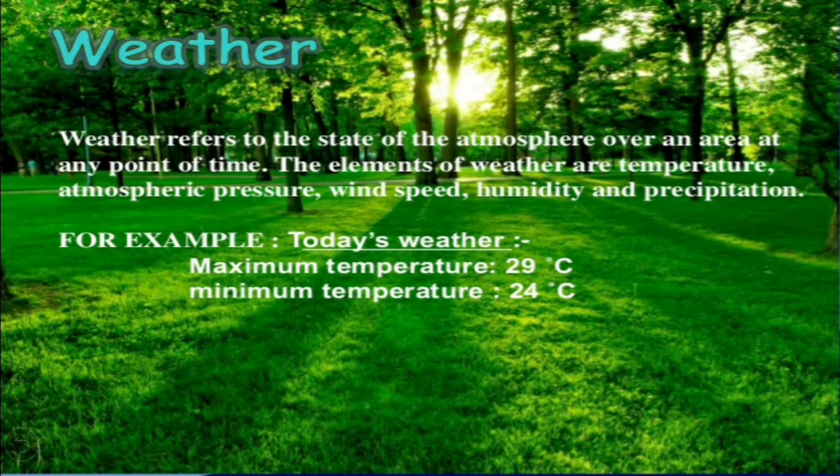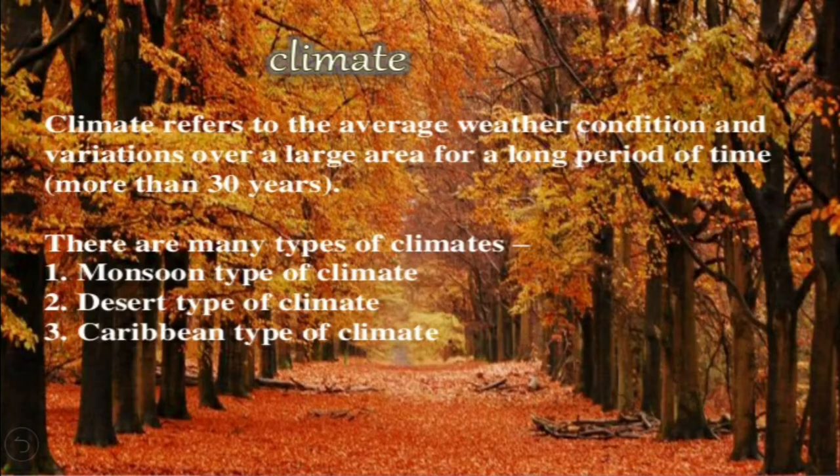And the elements of weather are temperature, atmospheric pressure, wind speed, humidity and precipitation. For example, if we are to talk about today's weather, then we can say that the maximum temperature is 29 degrees Celsius and the minimum temperature is 24 degrees Celsius.